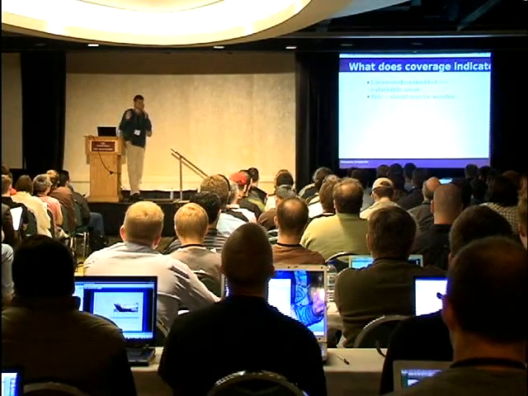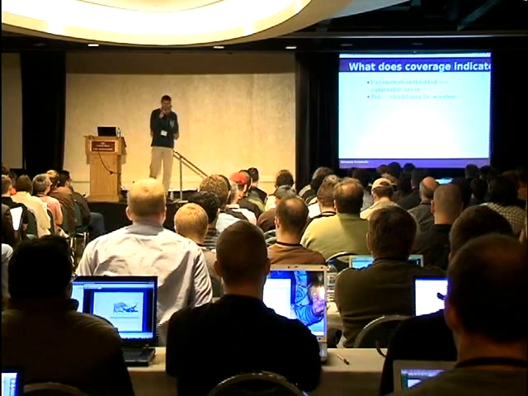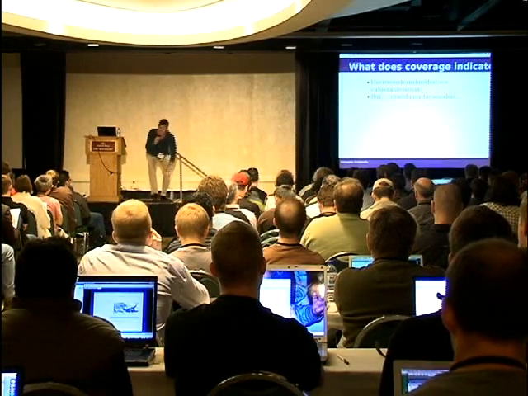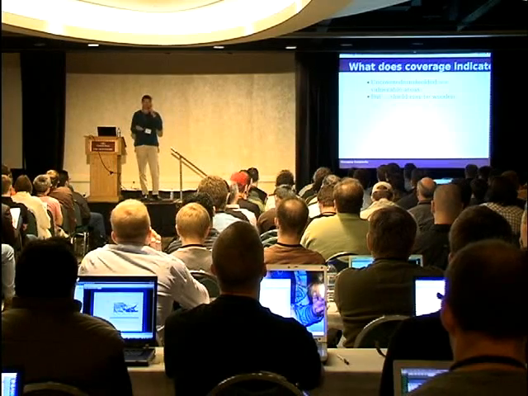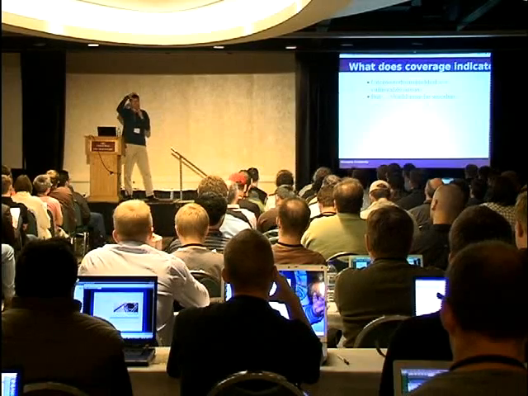So what does coverage indicate? If I'm going to battle, do I want one of those SWAT team shields that are Kevlar and go from head to toe, or do I want a wooden shield, which only protects a certain part? So I have these uncovered areas.